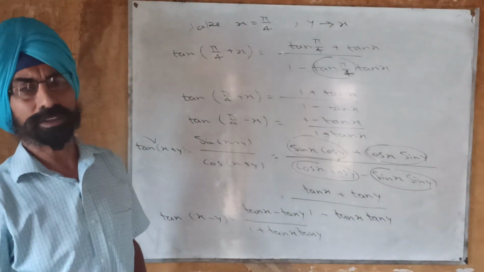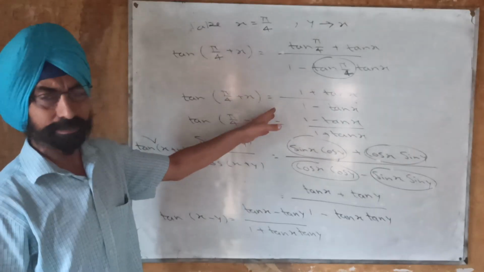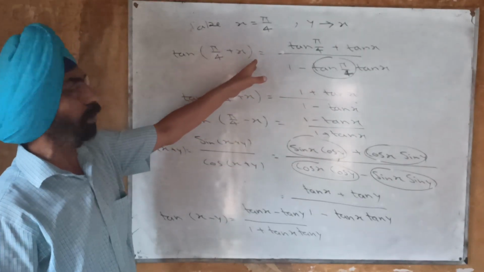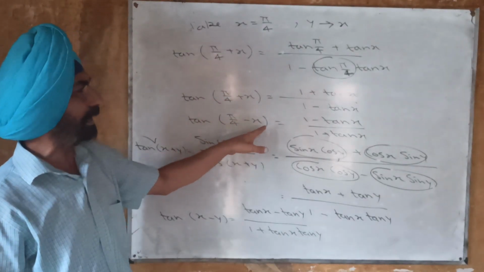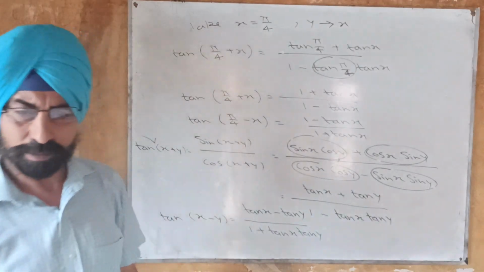And the proof, that means the line of action, is the same as it was done in the case of tan(pi/4 + x). For tan(pi/4 − x), the line of action will be the same for the proof.